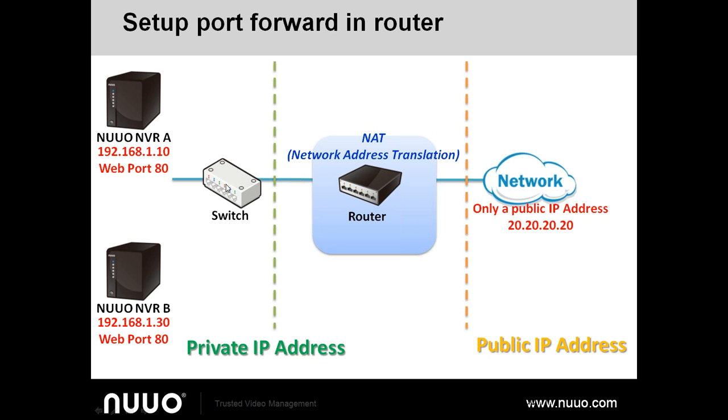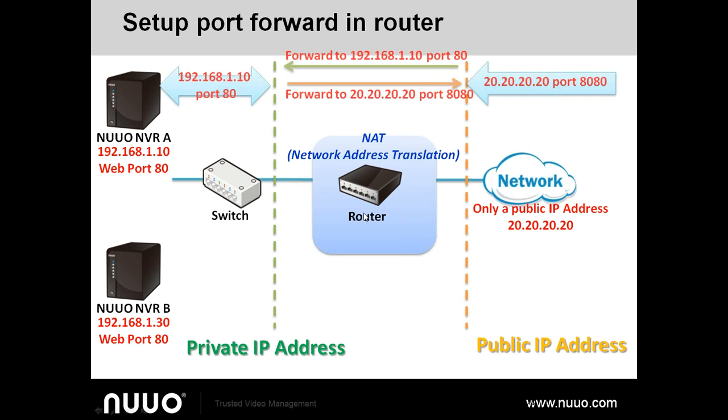We can use the router's port forwarding function to allow the remote user to decide which NUUO NVR he or she wants to connect with. For example, we can set up 192.168.1.10, NUUO NVR A. Its internal web port is 80, and the external web port is 8080.